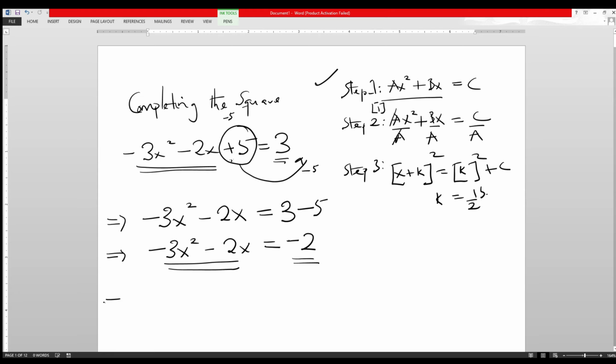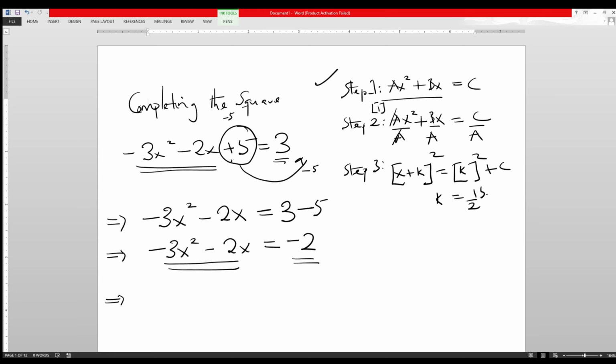Step 2 says the number in front of x squared must always be 1. The leading coefficient of x squared must always be 1. Okay, so in order to achieve that, it means we need to divide the equation by -3. Okay, we need to divide through by -3.